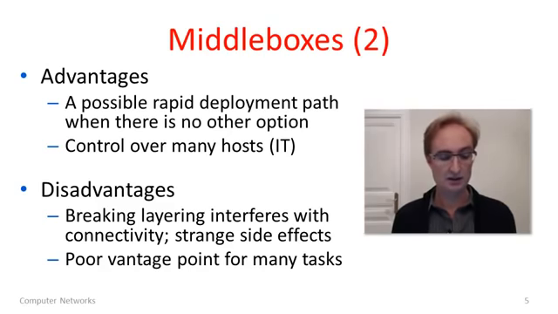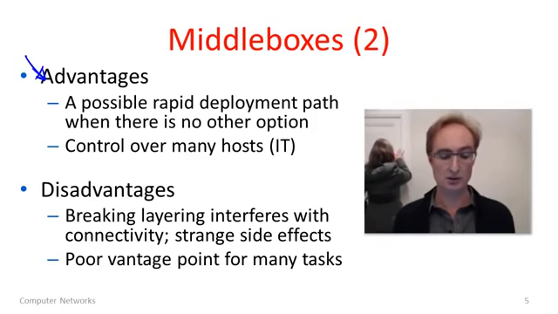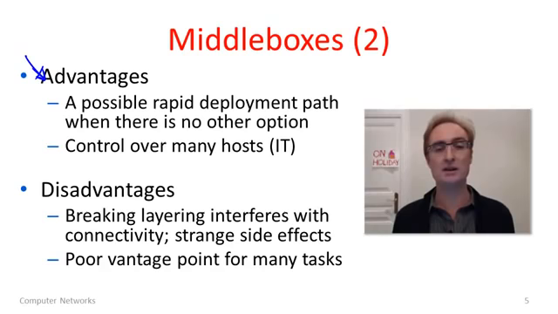The advantages really have to do with the deployment of new functionality. Often it's possible to deploy new functionality just by upgrading one box in the network and turning it into a middle box. This is a wonderful alternative compared with, for example, upgrading all of the routers in the network or upgrading all of the hosts, both of which might be well nigh impossible or take a very long time.